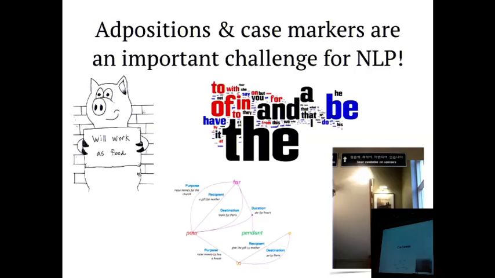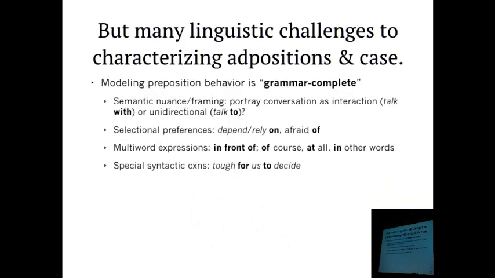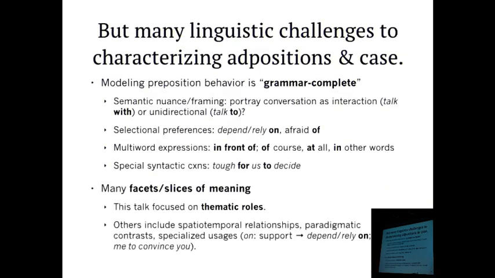So with that, I will summarize that I believe that adpositions and case markers are really important for NLP and semantics, and it's really linguistically challenging as well as procedurally challenging. There are many different facets of meaning that you could try to focus on.